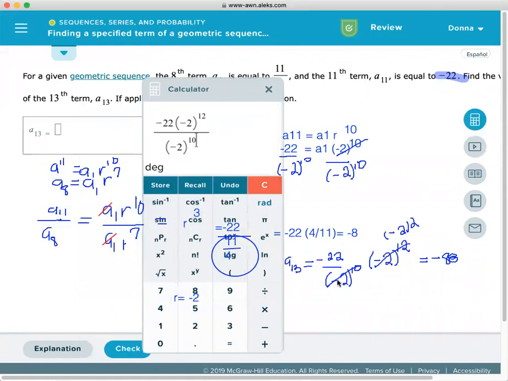So I'm just writing down exactly what I have without canceling. Yeah, it gives you negative 88. So you know what? You can just use a calculator. So you get negative 88 for A13.